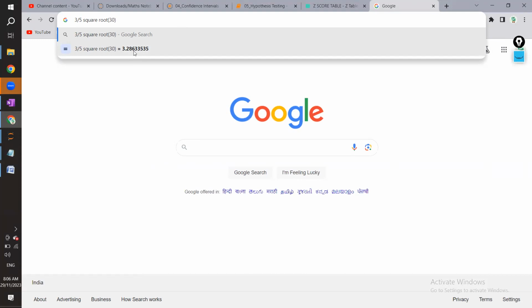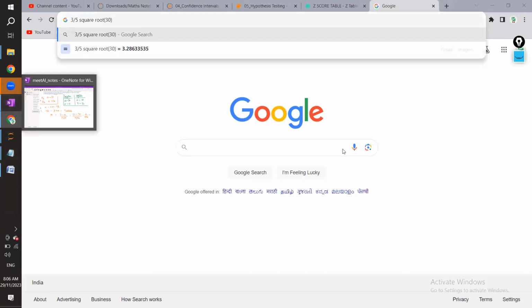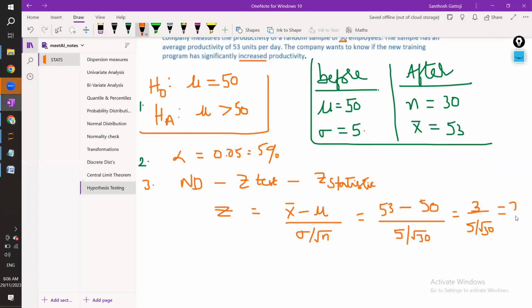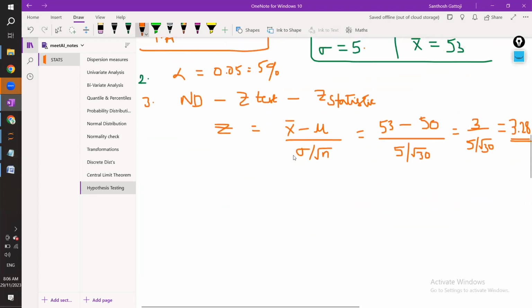Can you see here? So it is 3.28. Fine. So now, is this clear?